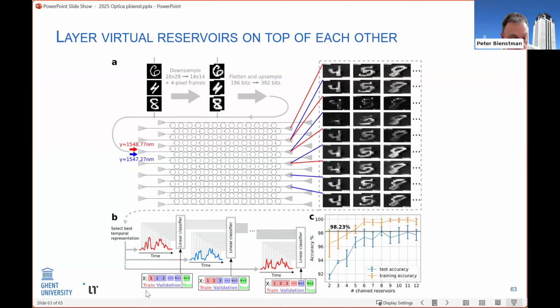And in this sort of chaining approach, we can really improve the performance. So you see that we get a performance for this MNIST task of about 98% testing accuracy if we combine roughly 7 or 8 different of these virtual reservoirs.